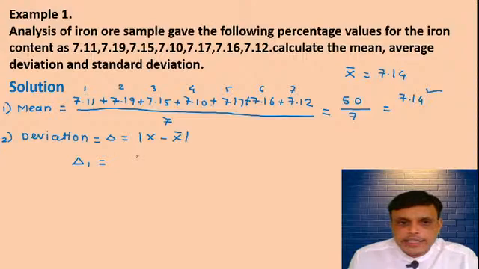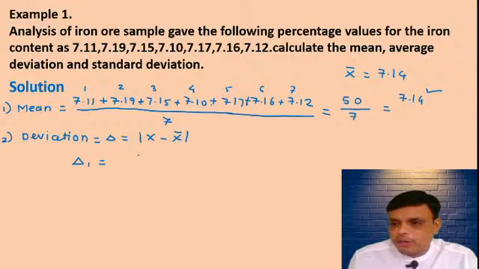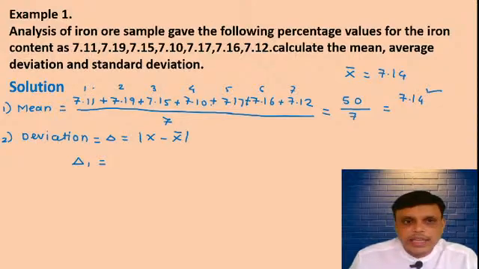Tell me the value of x for delta 1, quickly. We don't have time. For delta 1, x will be this value. Yes, 7.11. Very good.